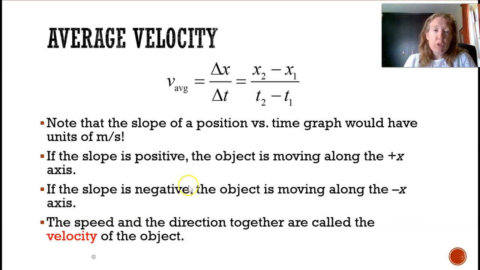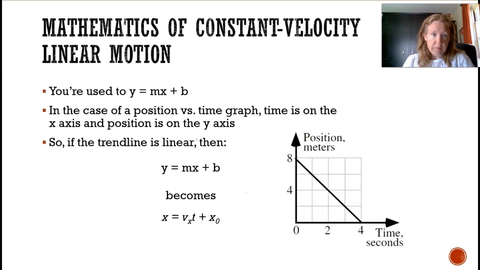And when you don't include the direction, we just call that speed, like a speed limit. Like when you drive down the road, it doesn't care what direction you go, unless it's a one-way street. But when you put the speed and the direction together, we call that velocity.